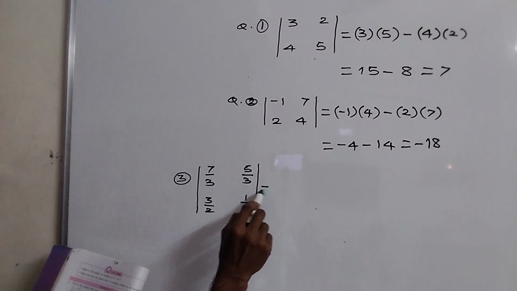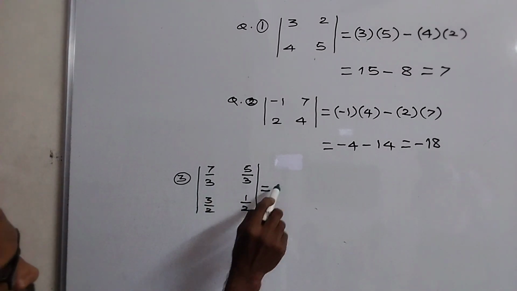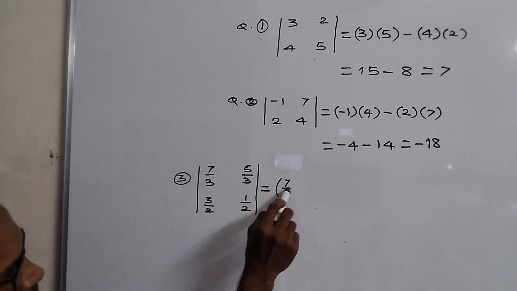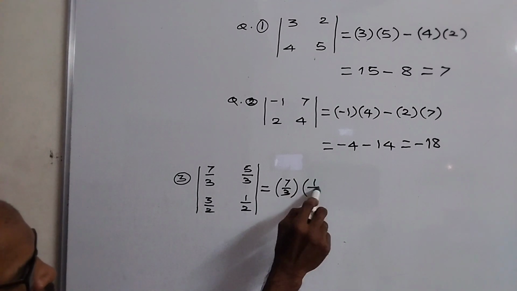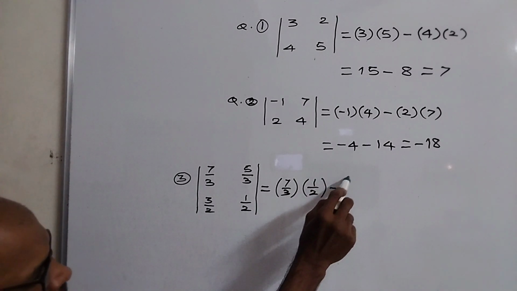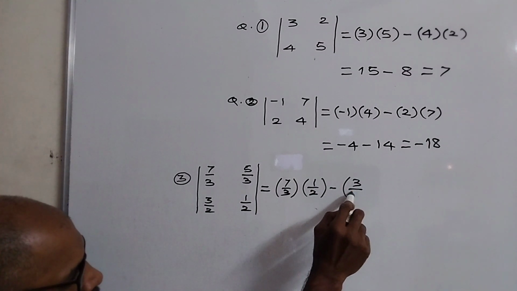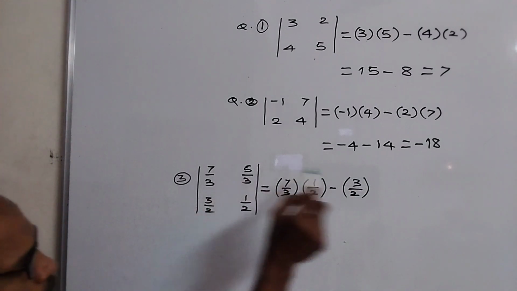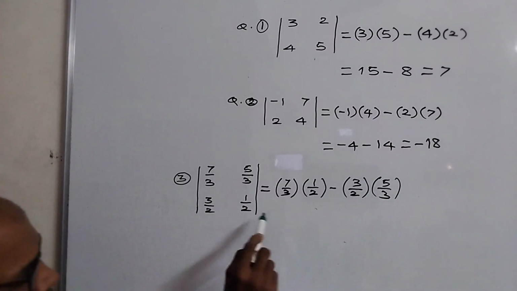Same method we apply here. Multiplication of these two: 7 upon 3 into 1 upon 2, minus the product of these two, 3 upon 2 into 5 upon 3.